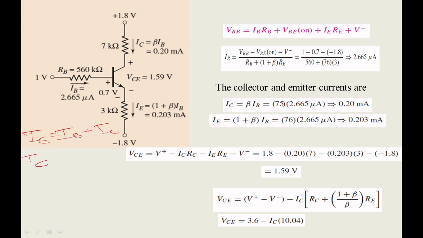What is IC? Beta times IB in the active region, you know. So IC equals beta IB, you take IB outside. So you'll get 1 plus beta times your IB.